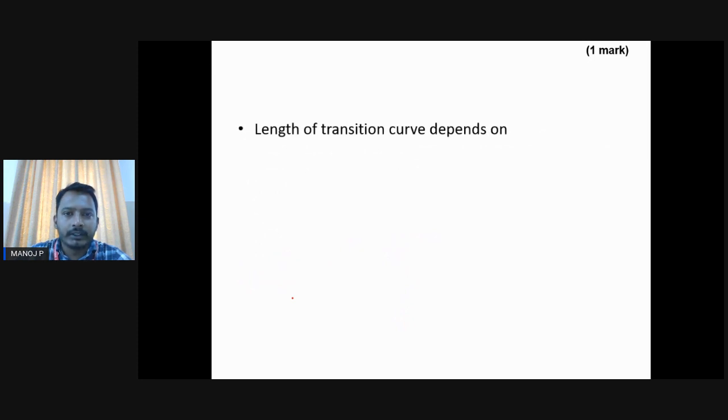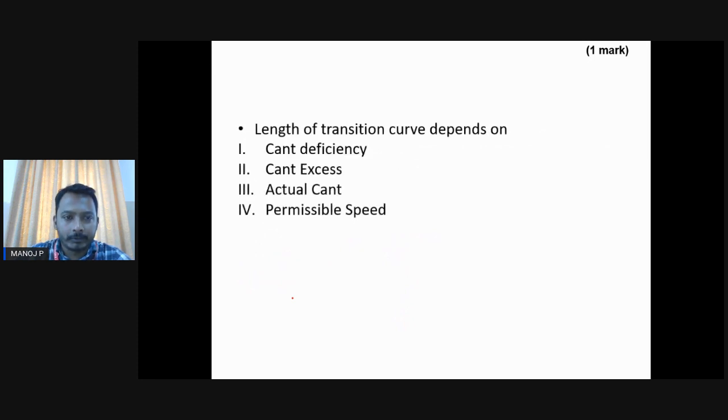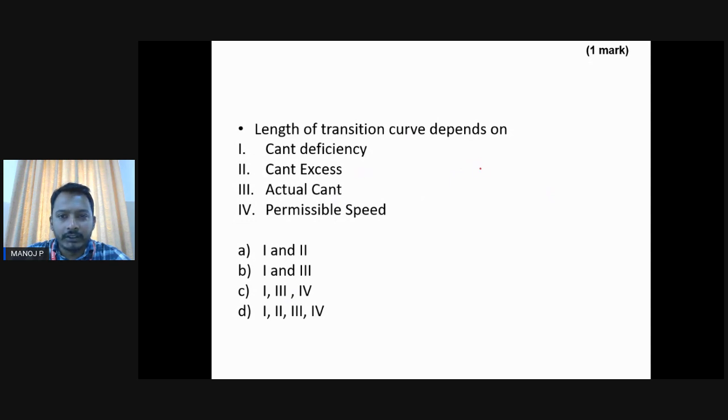The length of transition curve depends upon what? In order to calculate the length of the transition curve, we need cant efficiency, the actual cant, that is, the actual super elevation, and also the permissible speed.